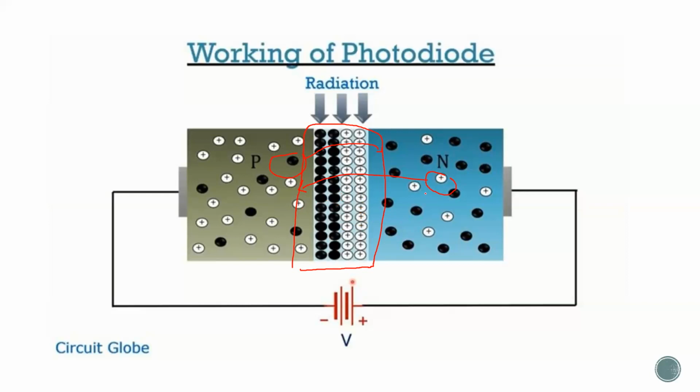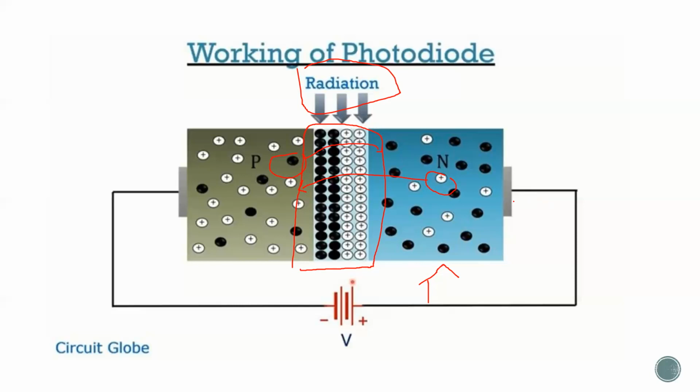Now, at this particular time, we provide radiation to the junction, or we can say the junction is illuminated with light. As the radiation falls on the surface of the junction, the temperature of the junction increases. With the increase in temperature, electrons and holes start separating from each other.